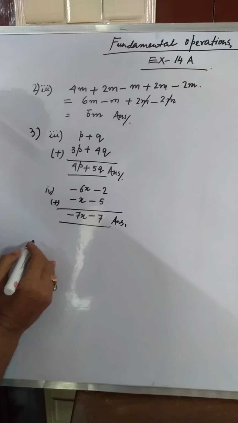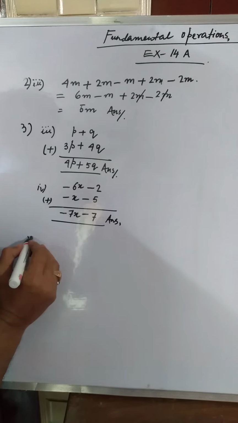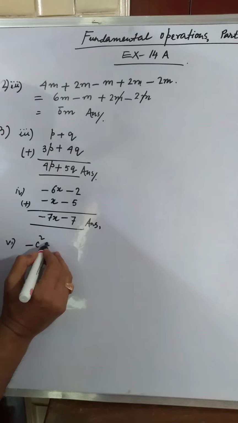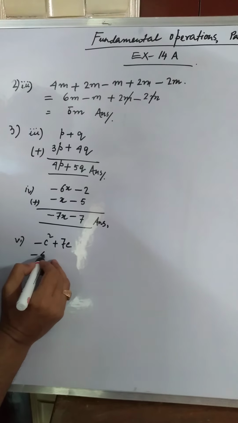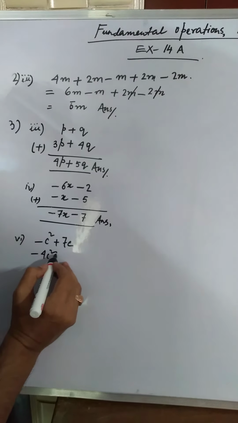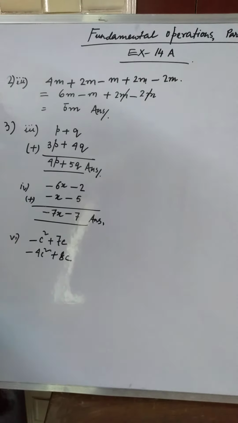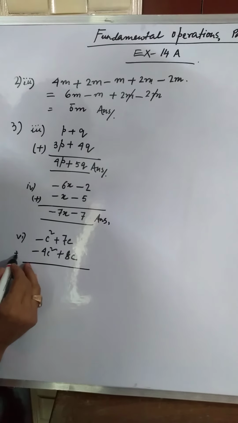Come to the next one, that is Roman 6: minus c square plus 7c, minus 4c square plus 8c. Here also you have to add these two.